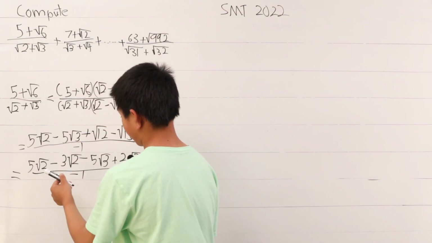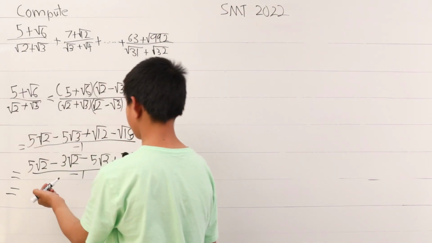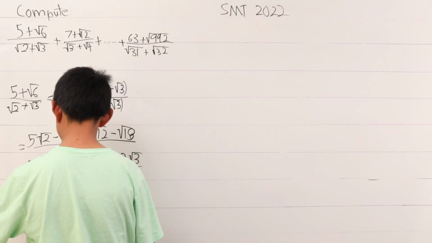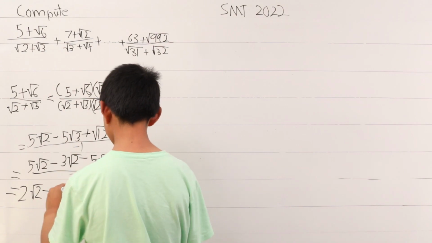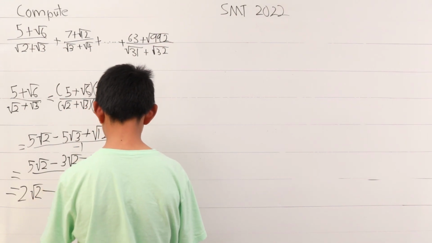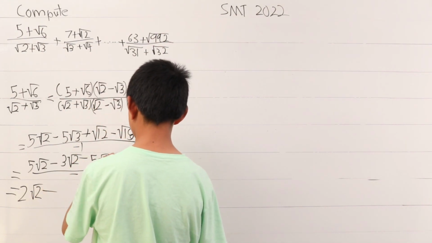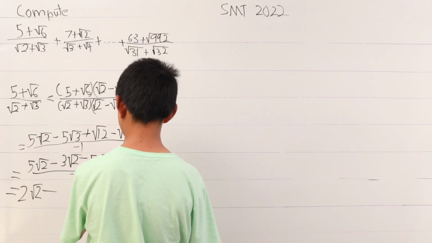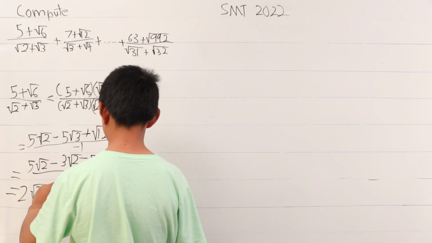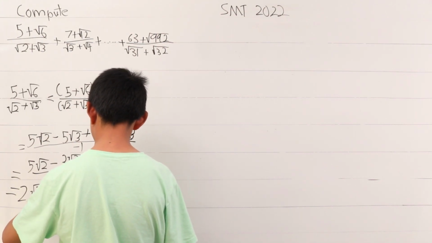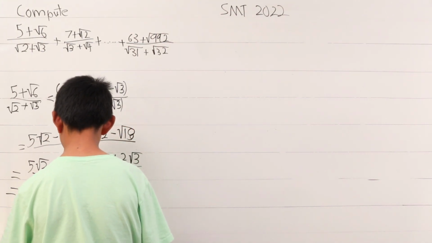Now we can just solve. This right here is 2 times the square root of 2, plus, I'm sorry, it got mixed up, but this is essentially 3 times the square root of 3, divided by negative 1.